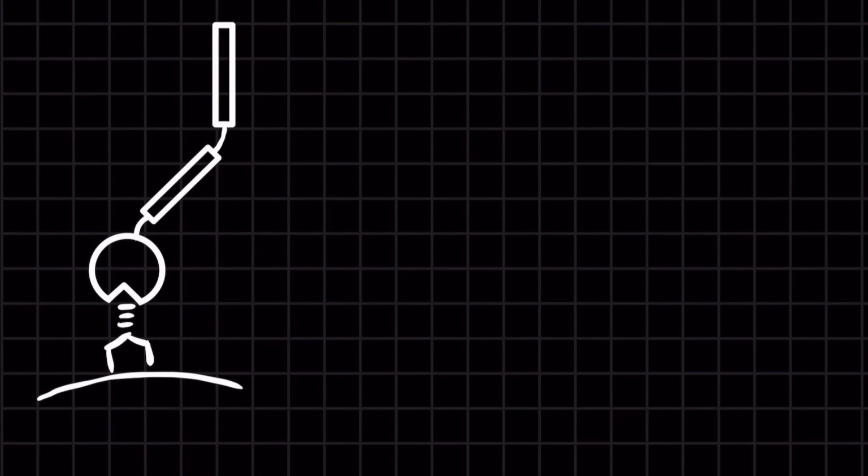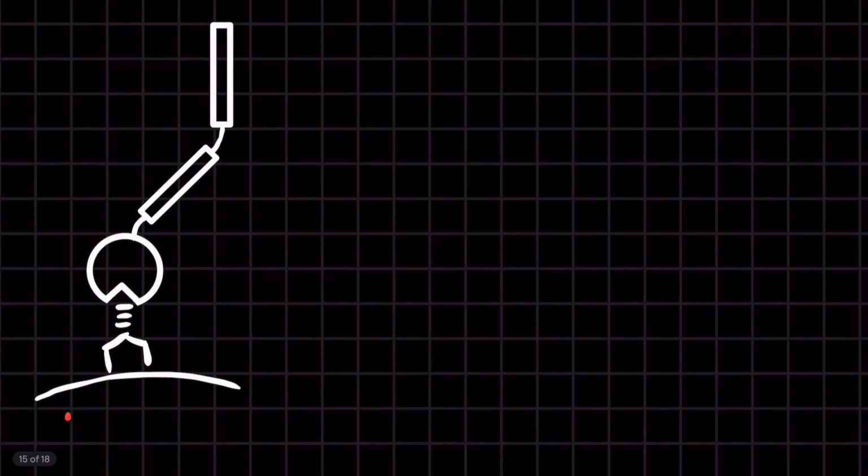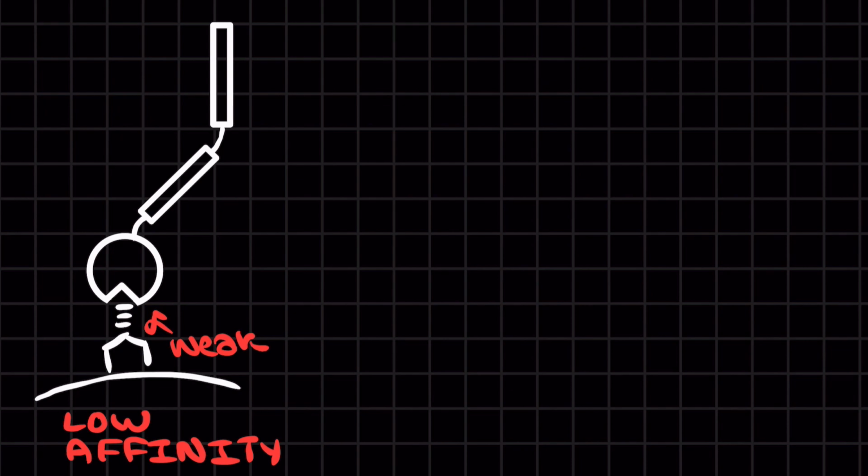We can say that the single MBL subunit has low affinity. This is quite weak. And this should be setting off alarm bells, because if we want to make sure that the body knows there's a threat, then we want to make sure that that signal is being propagated, and the signal can't be propagated if the binding event is weak.